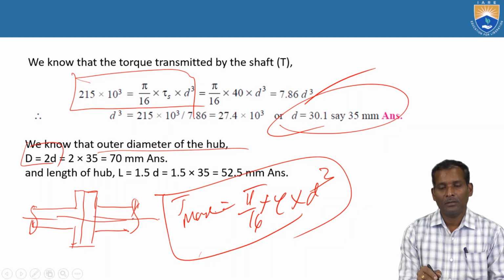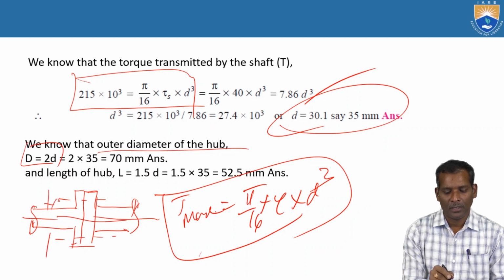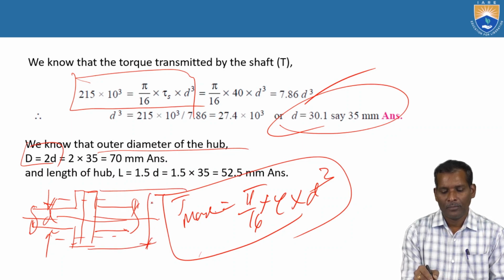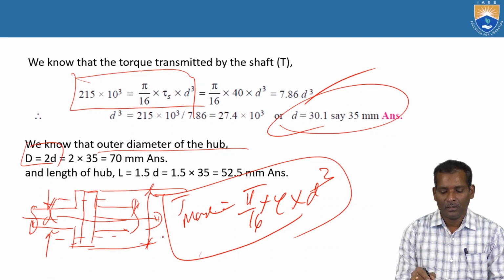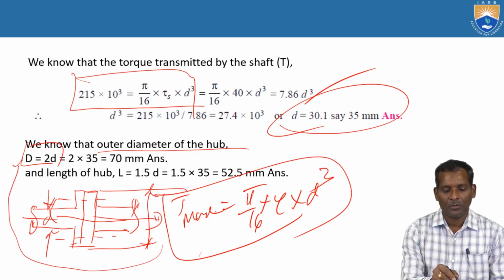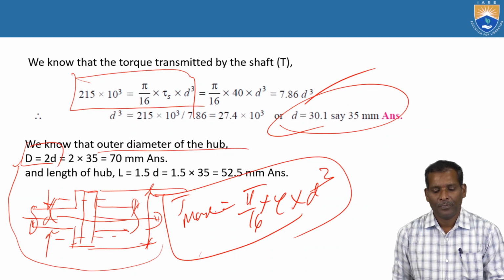So this is a plane coupling, connected with bolts. In this, small d is the diameter of the shaft and capital D is the outer diameter of the hub. This capital D is equal to 2 times d as per the standard empirical relation.